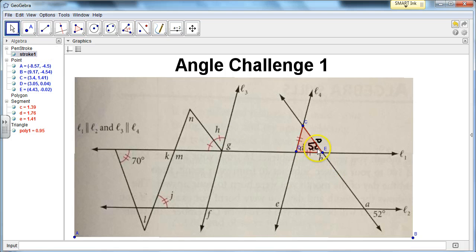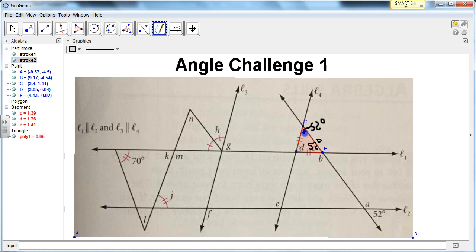So this 52, hey, this is the base, CE, because it's the side that's not congruent to these two. So this angle that's 52 and this angle here, we don't know what it is yet, but we know that it has to be 52, right, because they're the same thing. So I'm going to write 52 here and say that it's this angle.